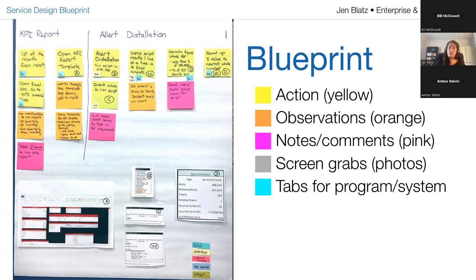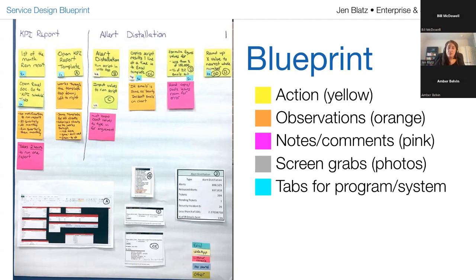Now the pink ones are my notes and my comments. So these are my editorial kind of comments. I'm noting gaps, opportunities, things I want to be separate because this is my opinion and me thinking about my how might we's, and I want those to be different than actual observed behaviors and activities. These are things like maybe I want to fix.